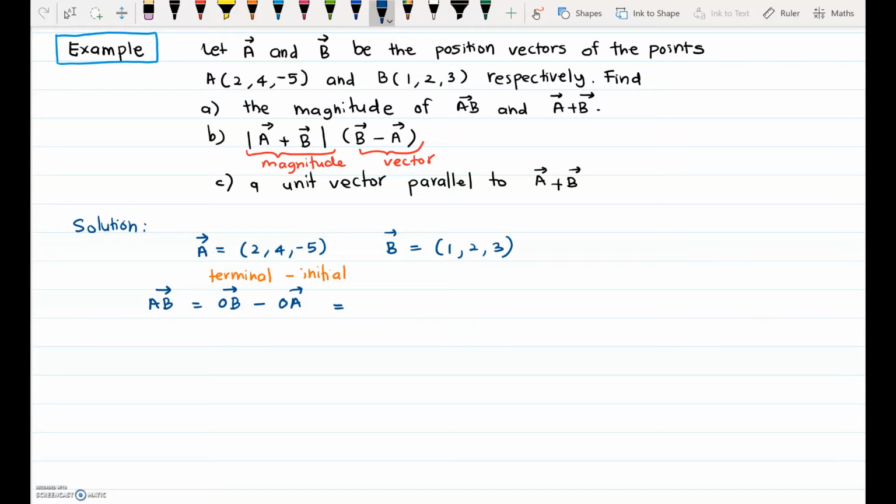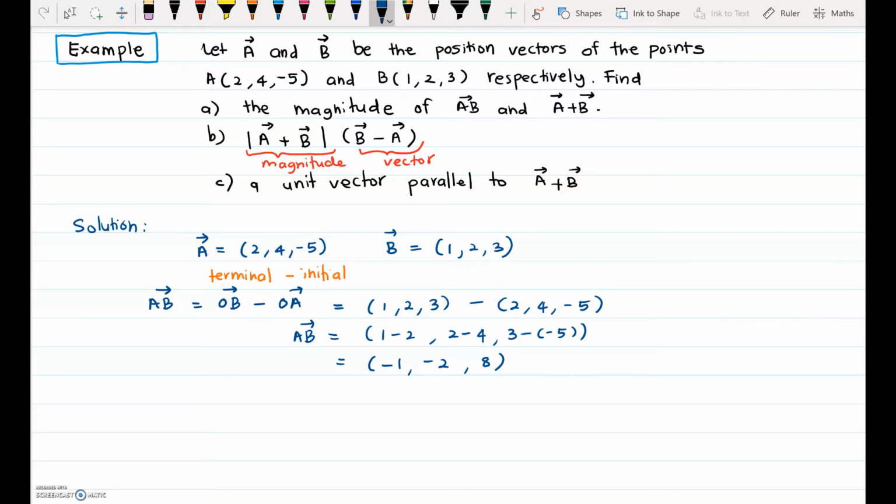Your AB will be 1, 2, 3 minus 2, 4, -5. Then AB is 1 minus 2, 2 minus 4 and 3 minus -5. So now we have AB is -1, -2 and 8.